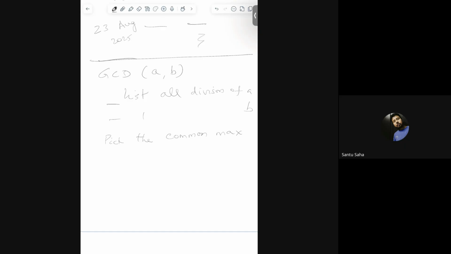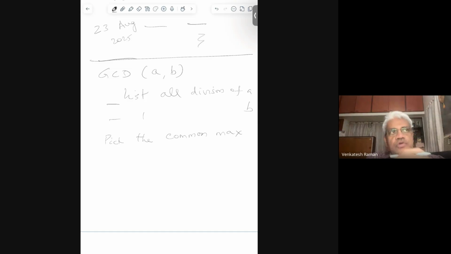I thought that, as in the prime numbers algorithm, we go up to root n, here also we can go up to root n for each individual number. Yes, because then you know that A divided by X will also be a divisor, so you get two divisors at every point of time.